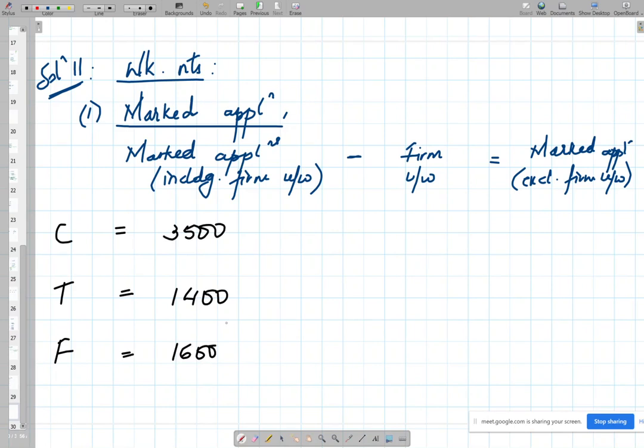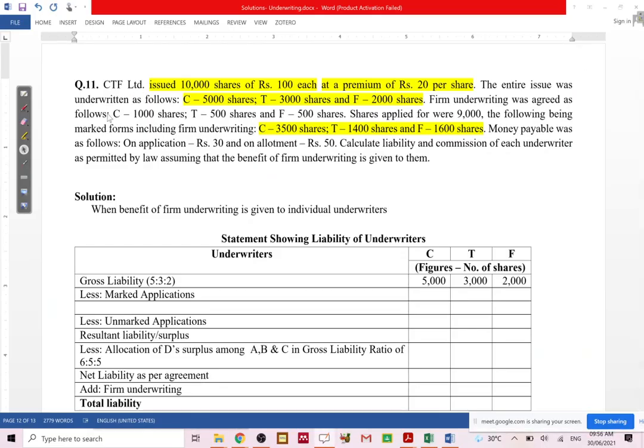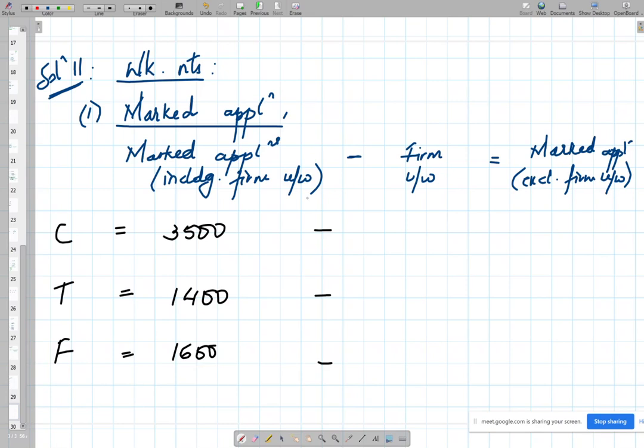These marked applications have the stamp of all three underwriters, but inside them you also have included firm underwriting, which is 1,000, 500 and 500. Is that clear? So separate them, take them out of the total marked applications.